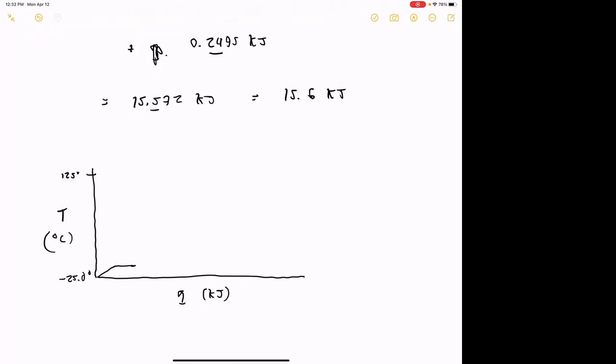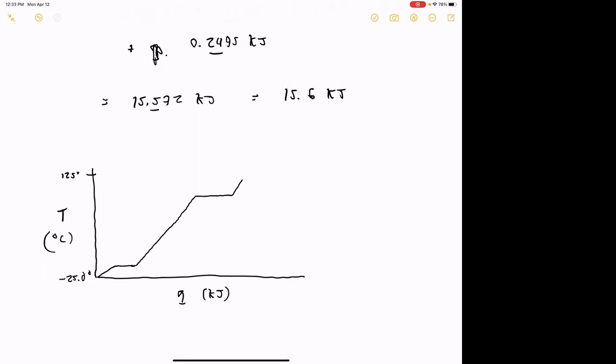And then I have another transition where I end up converting the liquid water up to about 100 degrees Celsius there. And then I have another flat area here, which is where I'm converting my liquid water to steam. And then finally, I have another increase to take me up to 125 degrees Celsius.